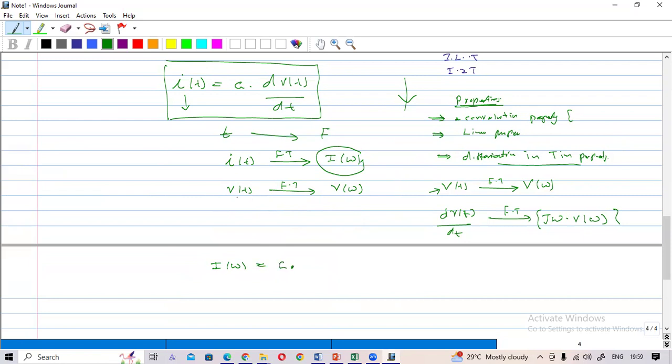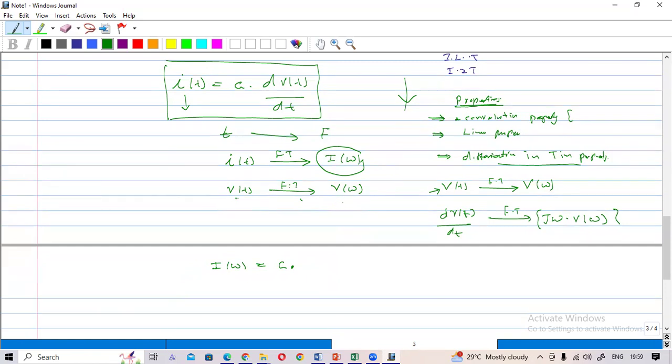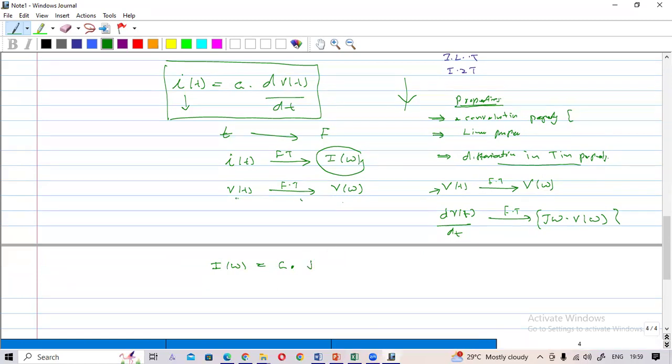Now we assume that v(t), once v(t) is transformed into frequency domain using Fourier transform, becomes V(omega), but here we have the derivative. So you will have j omega V(omega).